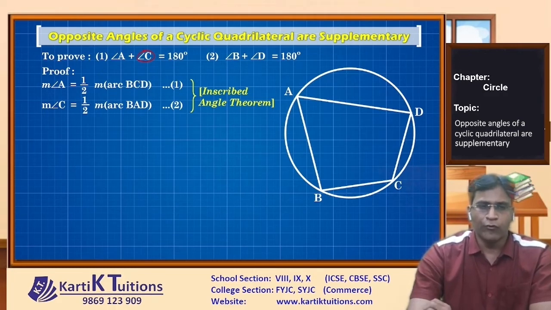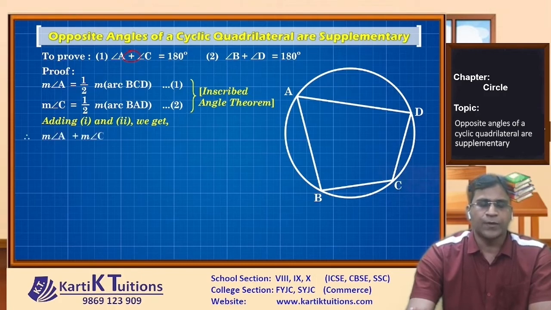Now in the two proofs you observe, the operation sign between angle A and angle C is plus. So we'll add step number 1 and 2. Now when I add, I get measure of angle A plus measure of angle C, which is equal to, if I take half common, in a bracket I get major arc BCD plus major arc BAD. Now observe the figure.